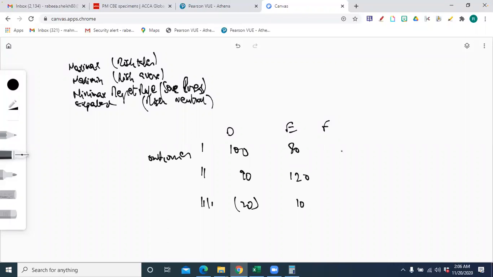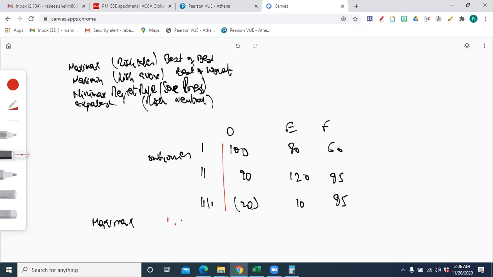For project F: 60, 85, and 85. Okay, now first of all, applying the Maximax. Maximax is a risk taker who would want to take the best of best. You would start appraising vertically. What is the maximum in case of D? First, you calculate the maximum return. It's very easy.